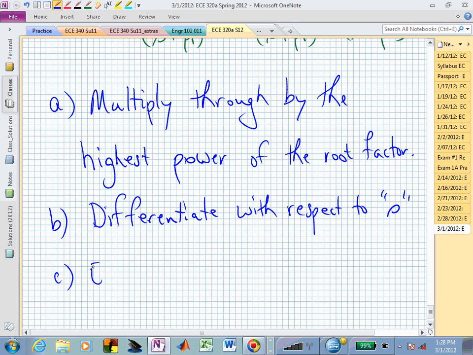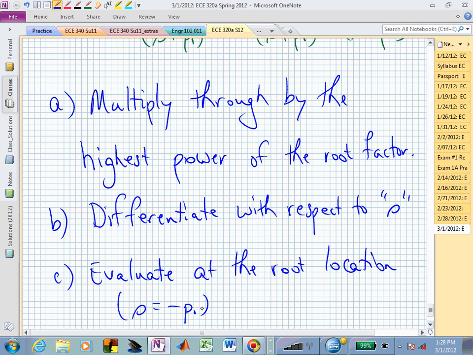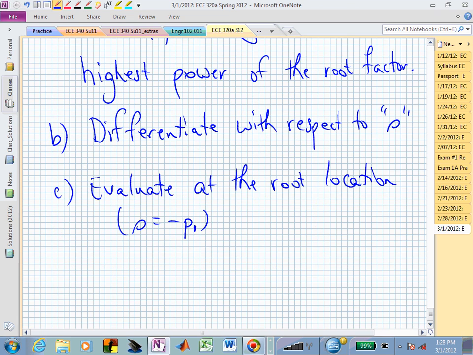So now we evaluate at the root location, which in this example that's repeated is this root at s equal minus p1. And in this particular case, we solve for a sub 2.